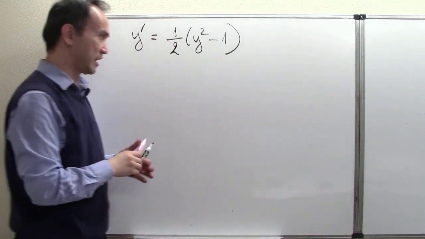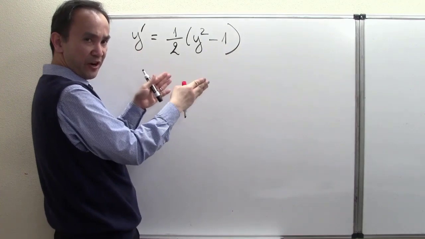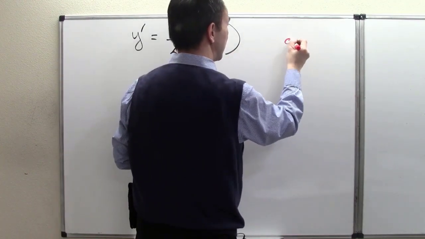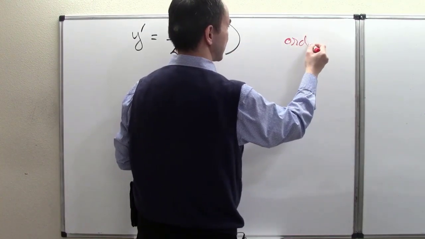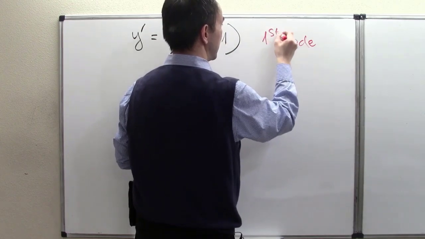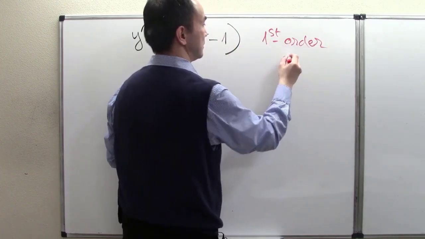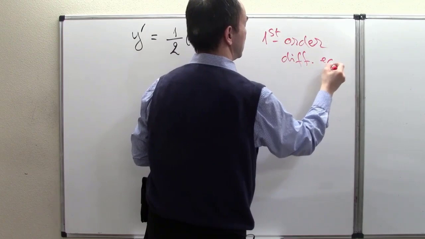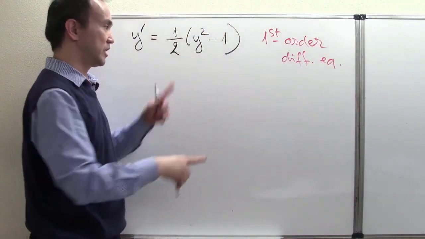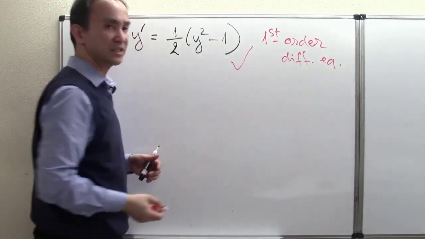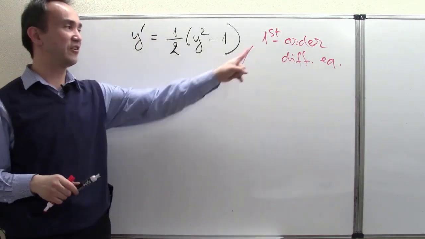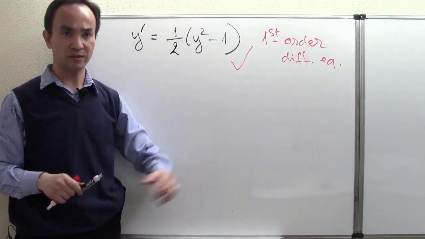So this equation is determined to be a first order differential equation. This is another equation that qualifies as a first order differential equation. We put a check on that.